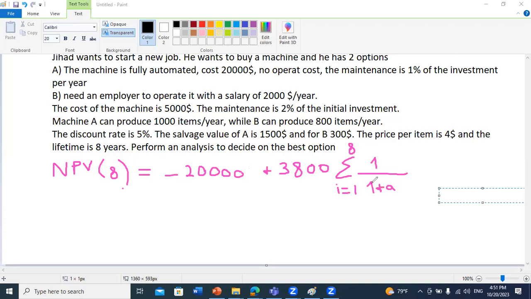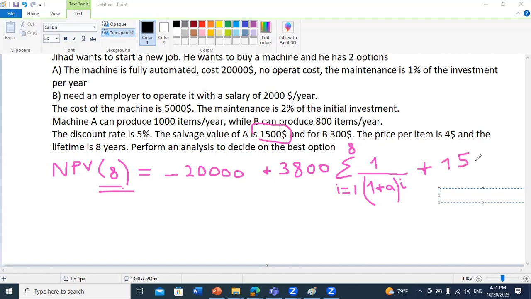You know that at the end of any project, the machine is not operating anymore, but it has a certain economical value. You can sell it. So this is why we say whenever we compute the net present value at the end of lifetime, we should add the salvage value, which is $1,500 for machine A. So plus 1,500.